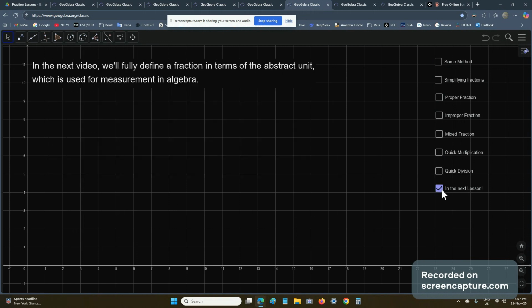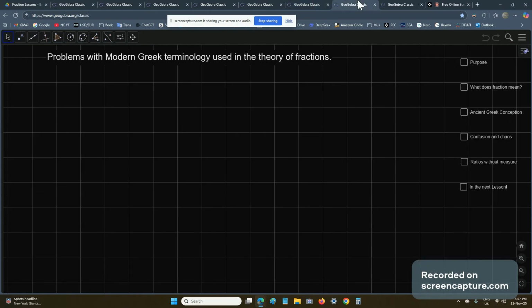And in the next lesson, we define a fraction in terms of the abstract unit. That's this guy here, where we talk about modern Greek terminology and how this knowledge was lost by the Greeks throughout the centuries. They just basically retained the superficial stuff.